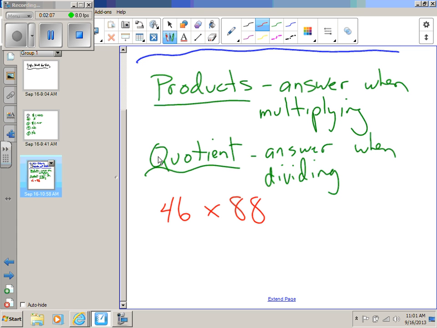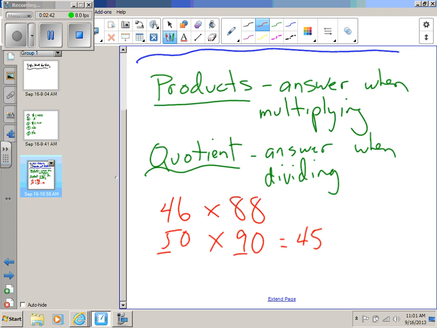So 46, I would round to what? 50. And then 88, I could easily round to 90. Good. Now, you don't have to skip all the way up to 100, because if we have these values that have the 0 after them, it makes it really easy to do. Now, if you haven't learned this trick yet, we'll take the 5 times the 9. 45.